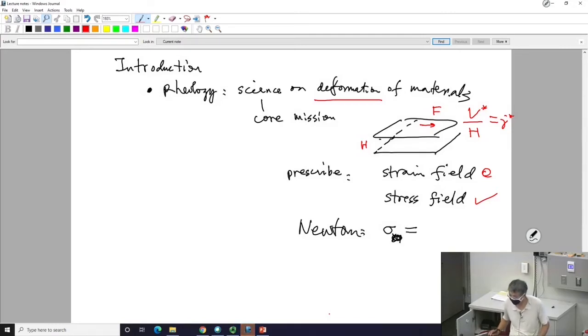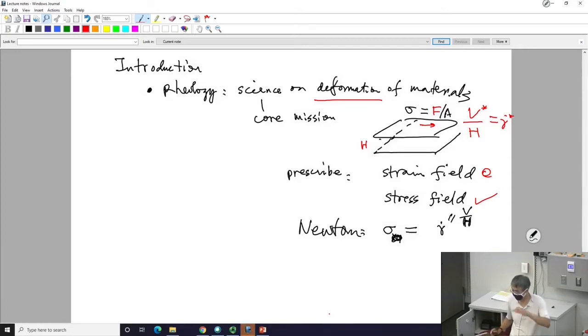Newton discovered that the force divided by the area, that's the stress, is proportional to the shear rate, which in your experiment is just V over H that you control.